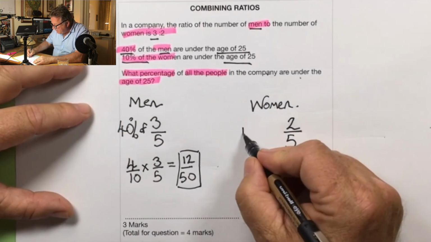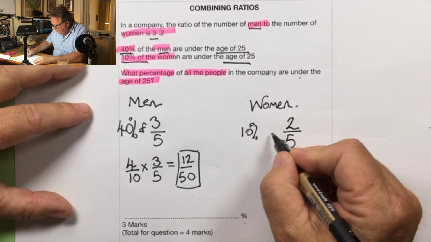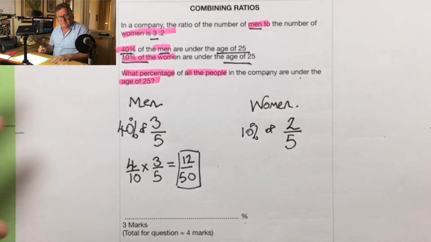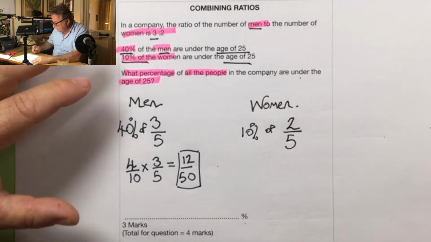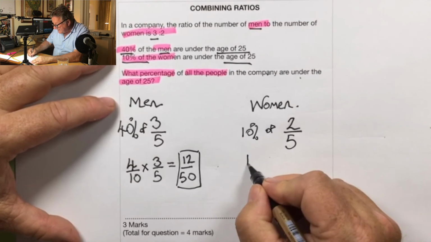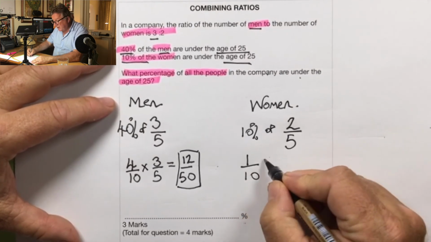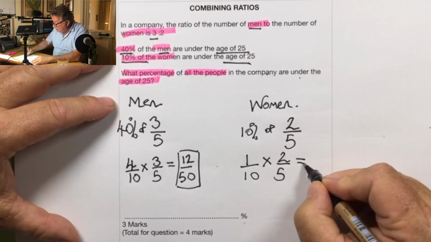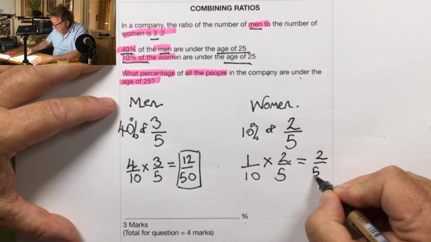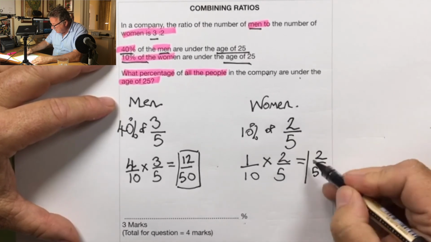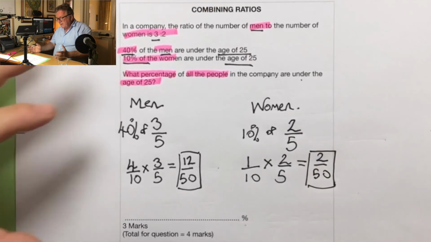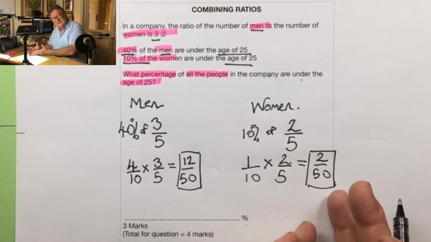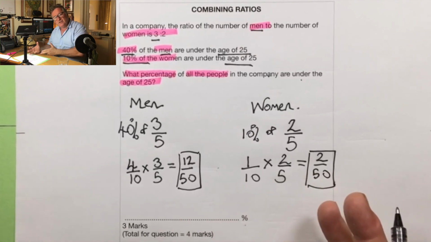So I need 10% of 2/5. 10% of 2/5. Well, I can write 10% as 1/10, of as times 2/5. It gives me 2 out of 50. There we are. That's the proportion of all employees that are women under the age of 25.